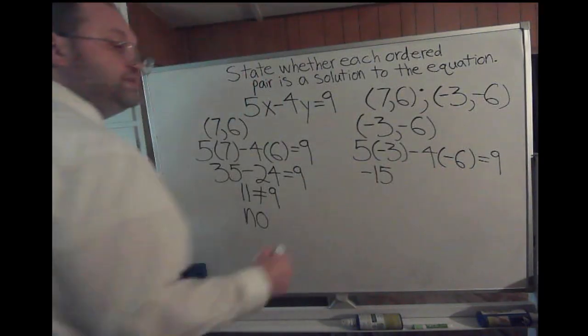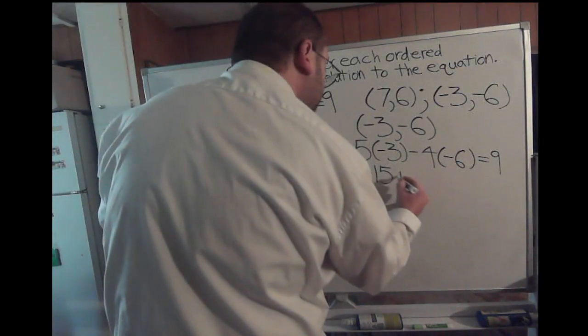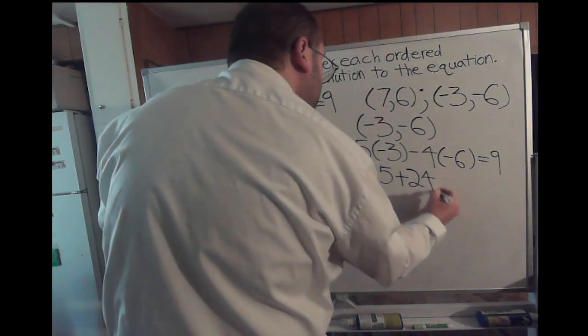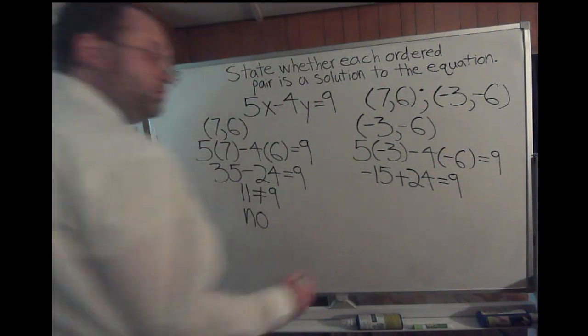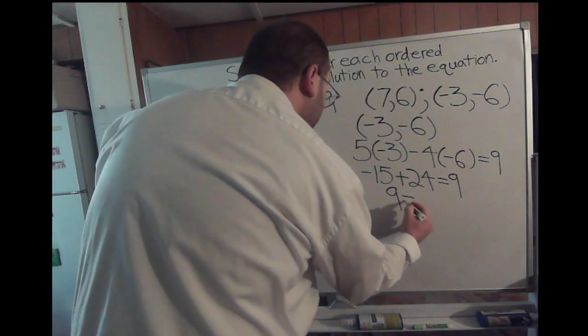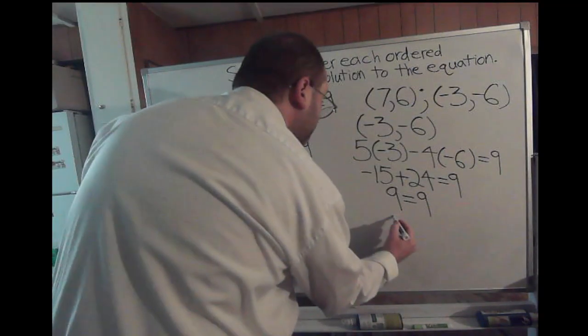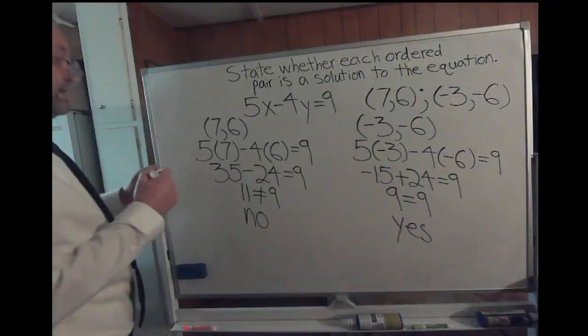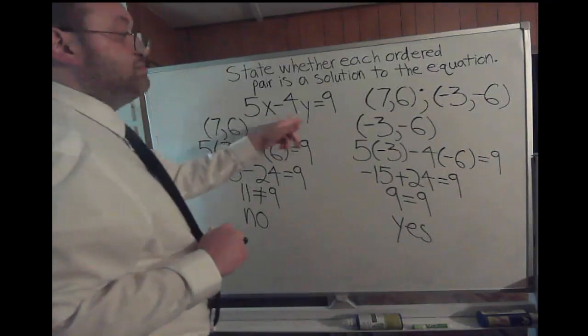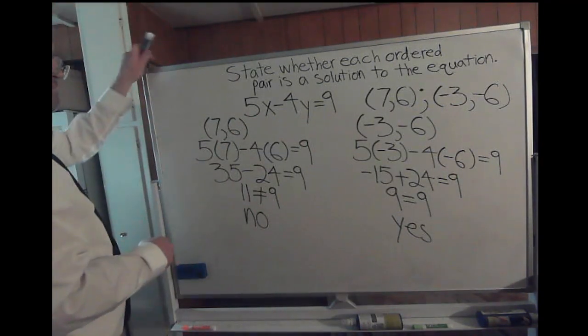Minus 4 times minus 6, that'd actually be plus 24. We'll set that equal to 9. So negative 15 plus 24, that does equal 9. 9 does in fact equal 9, so the answer for negative 3, negative 6 is yes. That is a solution to 5x minus 4y equals 9.